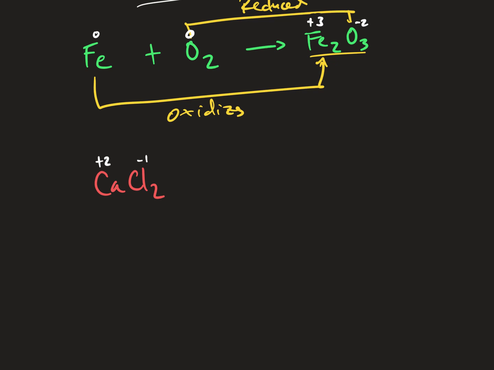Does this add to 0? It should, because this is an ionic compound and it's neutral, right? So let's see. We have -1 multiply 2 is -2, plus +2 multiply 1 is +2. That makes 0. Works. Just a way to check. Okay? With ionic compounds, I think it's a little bit more straightforward. Didn't say easy.